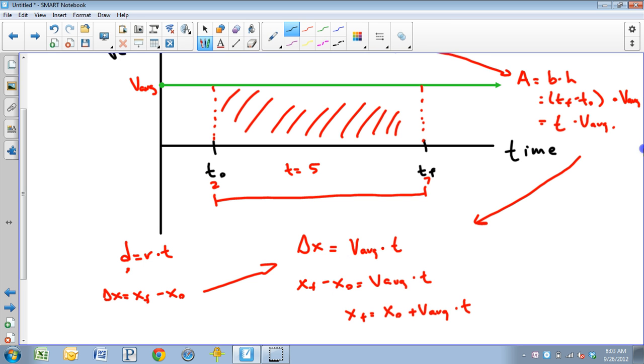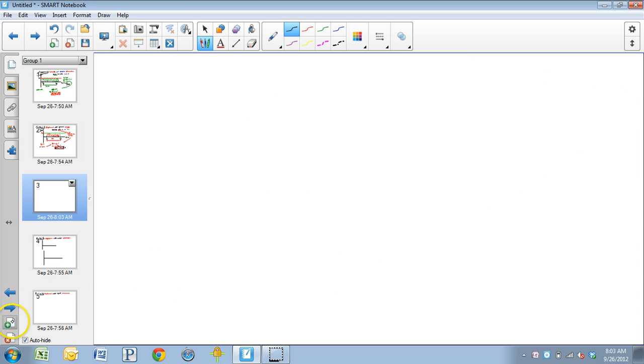And we're going to highlight this a little bit. This is the second of our kinematics equations, equation number 2. So let's start a page with these equations here. We'll add this to the very end.